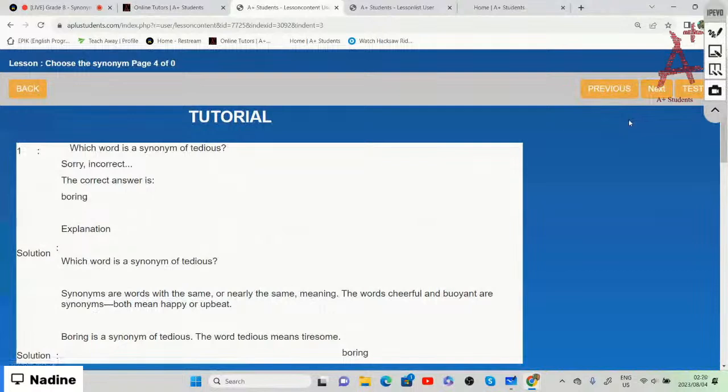The word tedious means tiresome, and usually we relate tiresome to boring or boredom. So in this case, the word with a similar meaning to tedious is boring.